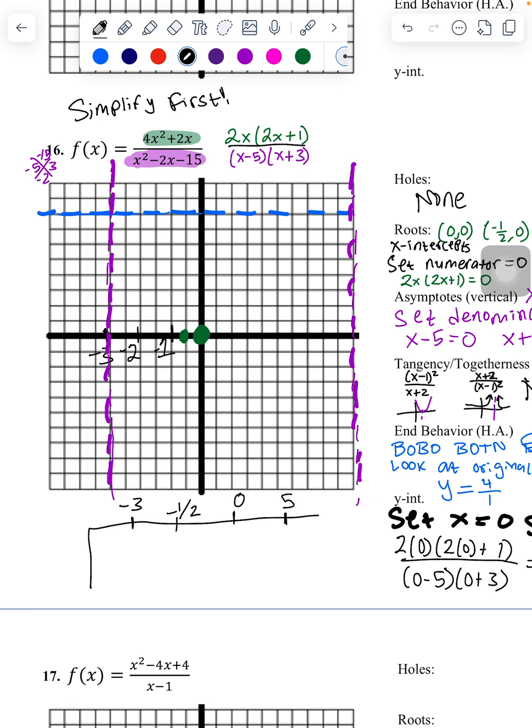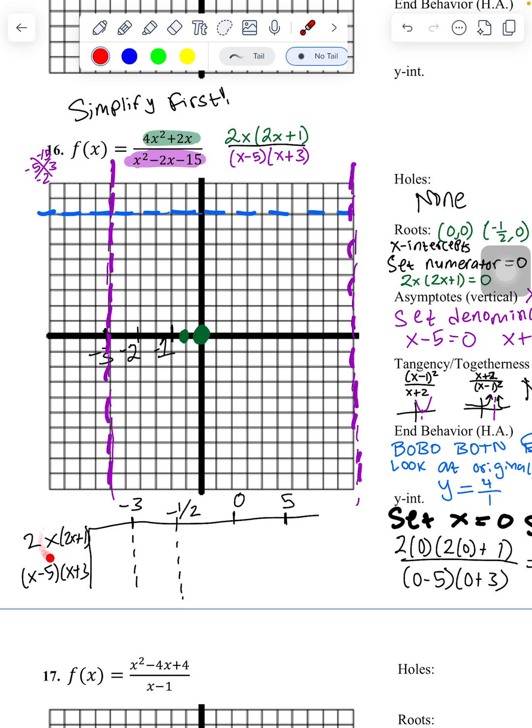Okay, so if I were to plug in, I have 2x, times 2x plus 1, and I have x minus 5, x plus 3. If I were to plug in a number to the left of -3, I'd have a negative number here. 2 times -4 in this case would be -8 plus 1, which gives me -7.